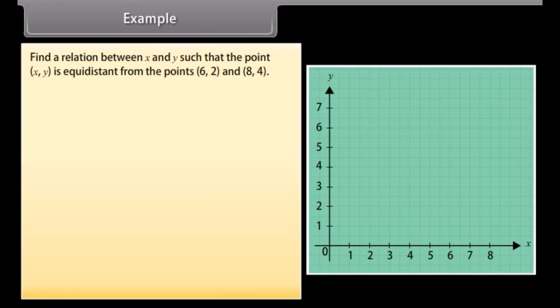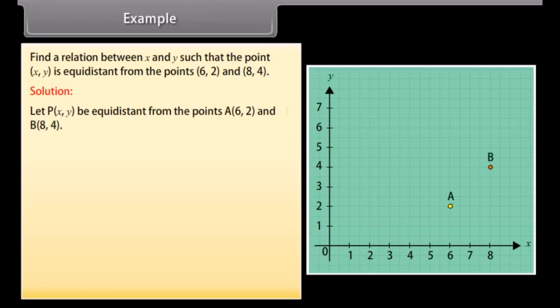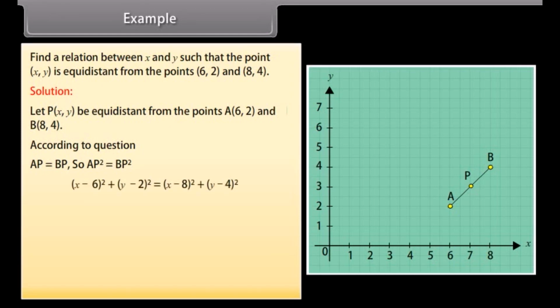Find a relation between x and y such that the point (x, y) is equidistant from the points (6, 2) and (8, 4). Solution. Let P(x, y) be equidistant from the points A(6, 2) and B(8, 4). According to the question, AP is equal to BP, so AP square is equal to BP square. (x minus 6) whole square plus (y minus 2) whole square equals (x minus 8) whole square plus (y minus 4) whole square.